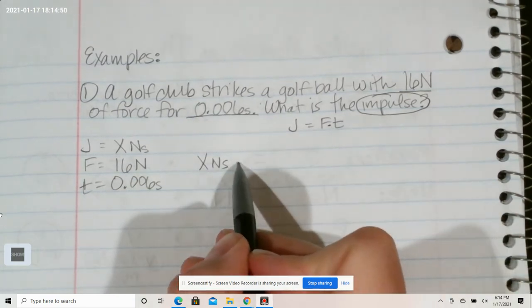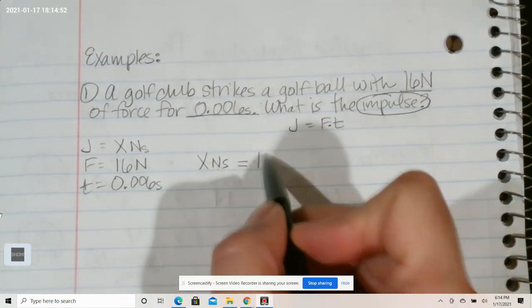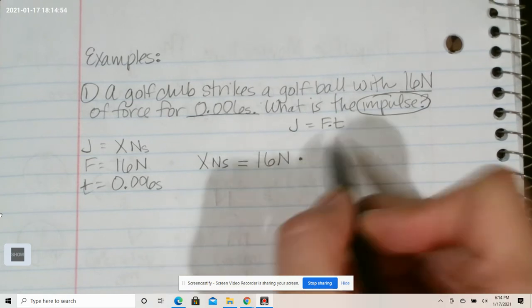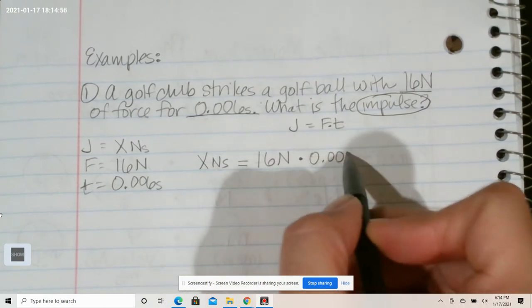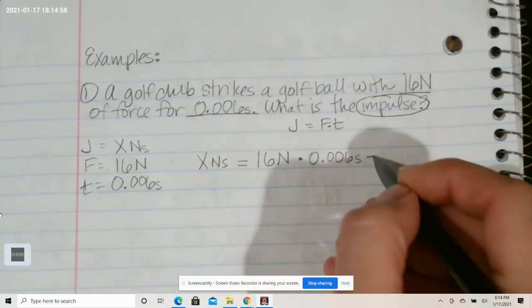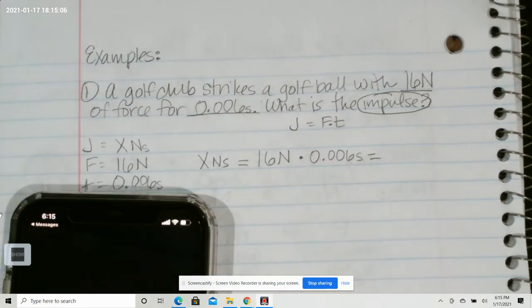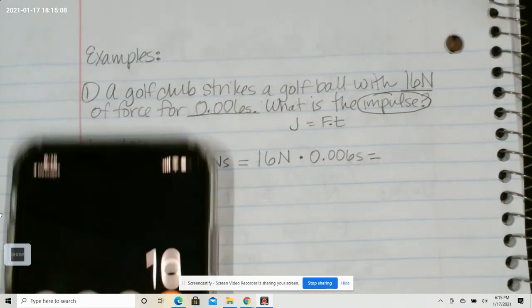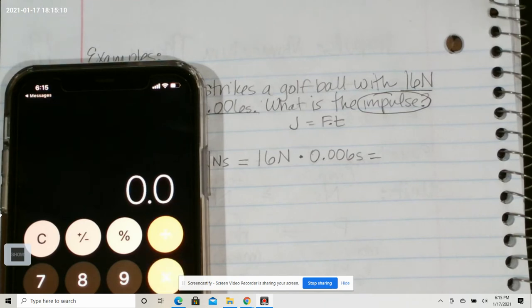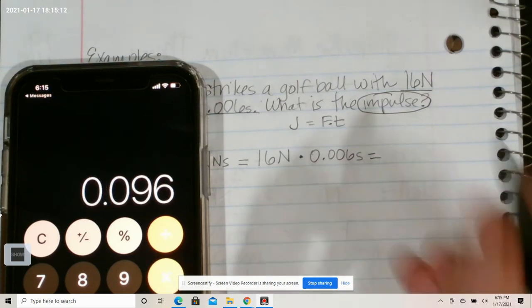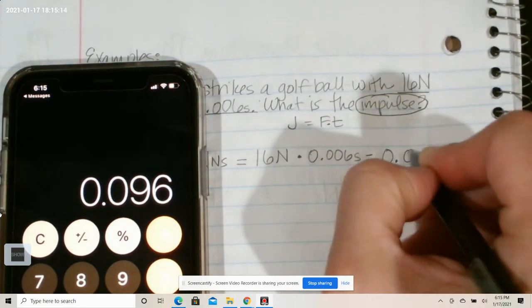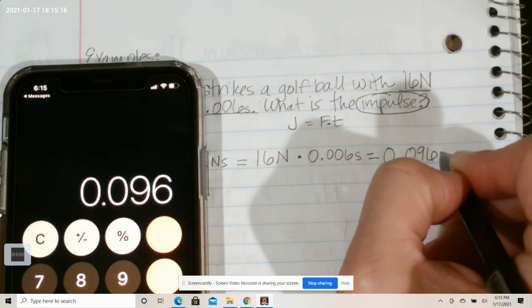X newton seconds equals 16 newtons multiplied by 0.006 seconds equals. So now I just need to plug that into my calculator. So I'm going to go 16 times 0.006 equals, and I get 0.096 newton seconds.